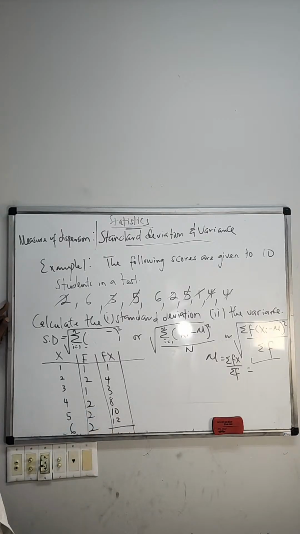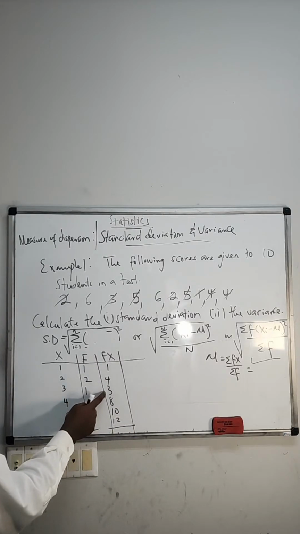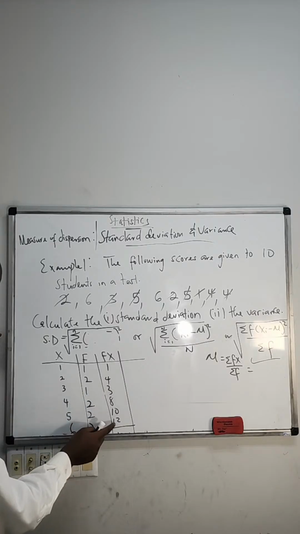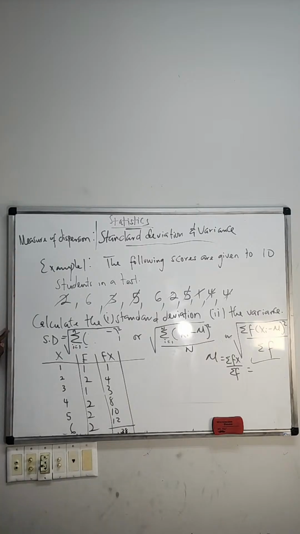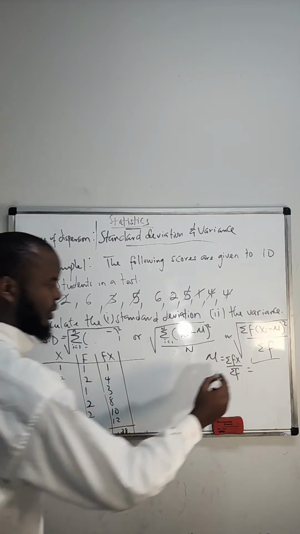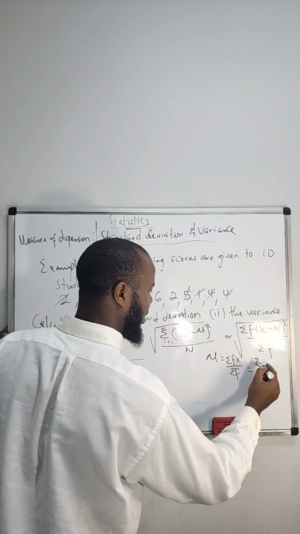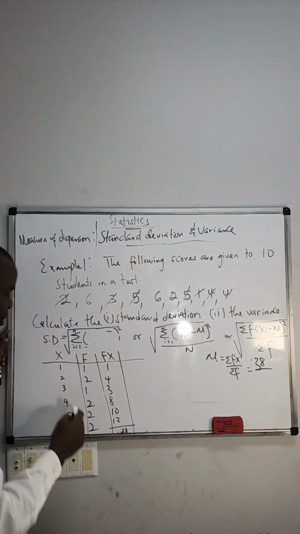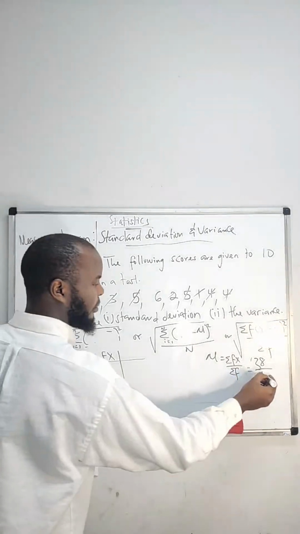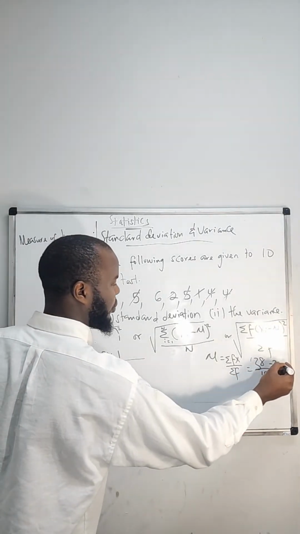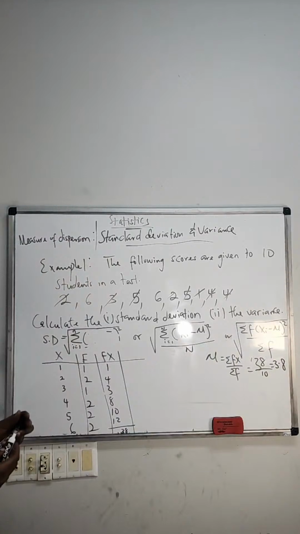So what is the sum? 1, 5, 8, 16, 26, 38. So here we have 38 over summation f, which is 10. So this is 3.8. The mean is 3.8.